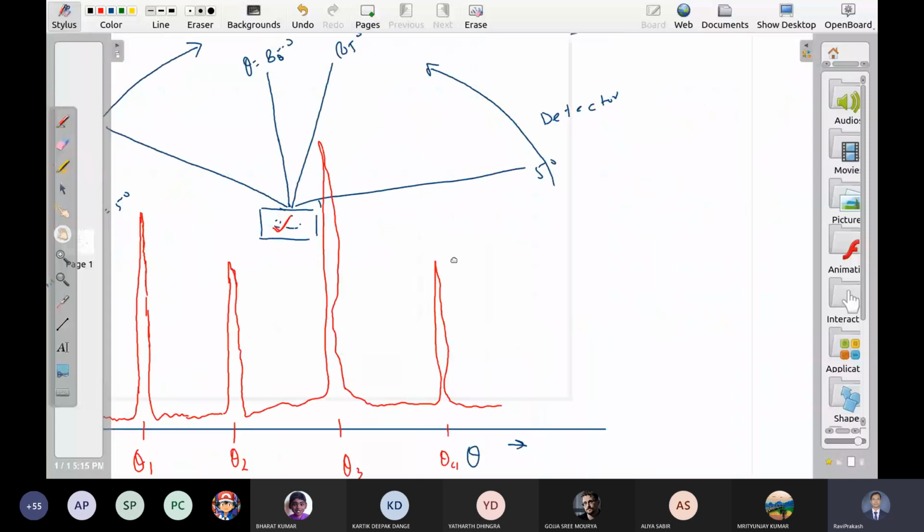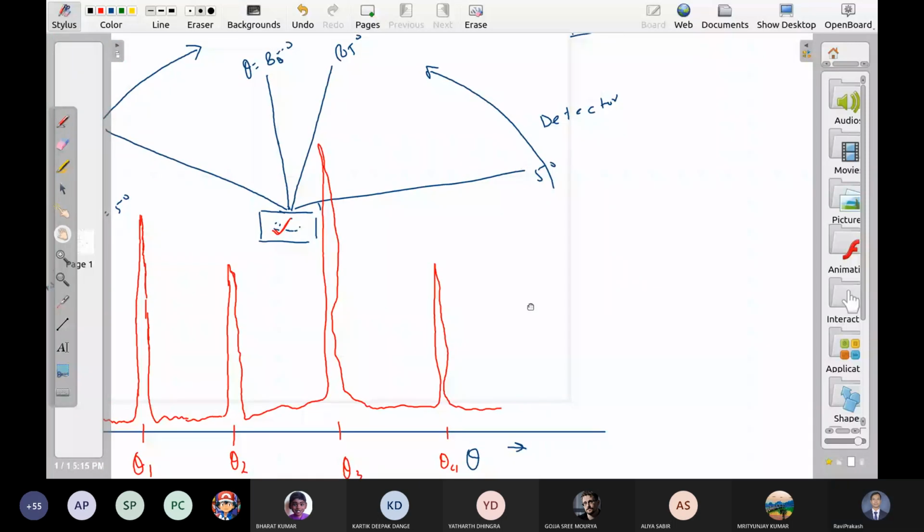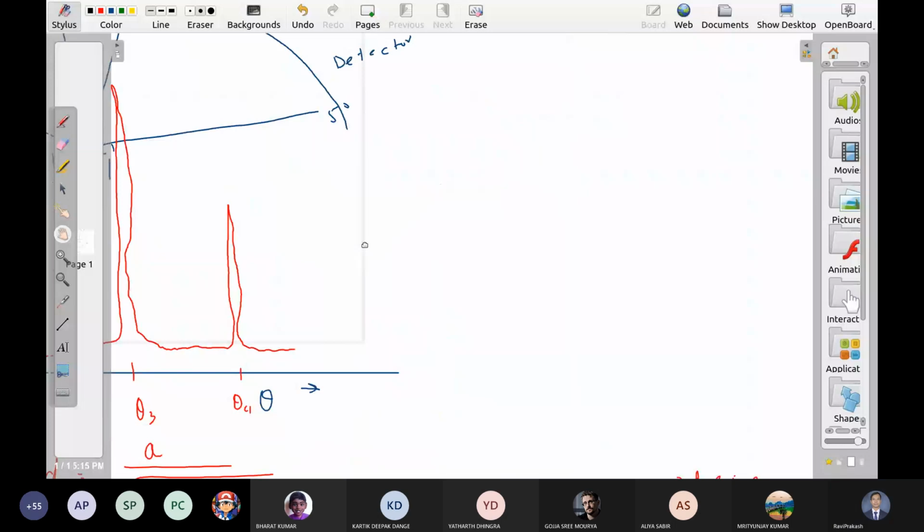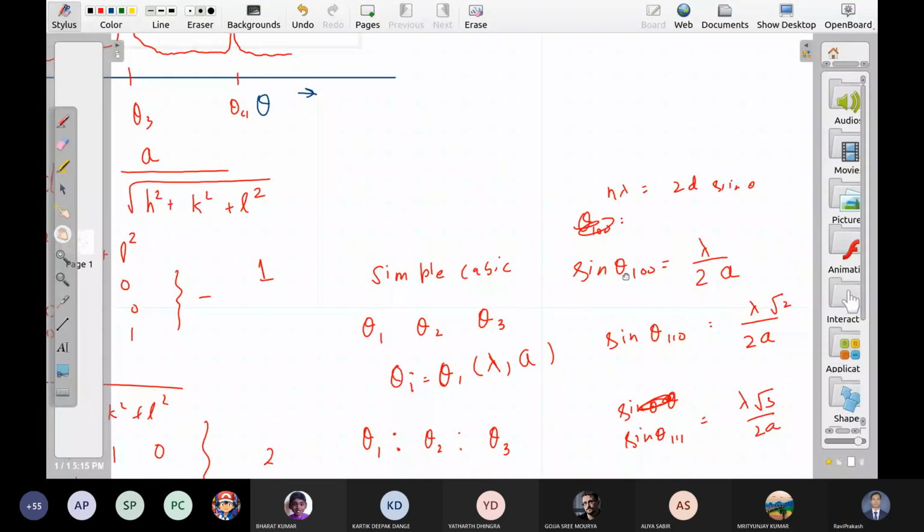I mean, even the 100 plane can have many thetas where you will get constructive interference. Similarly, 110 planes can have many angles which show you maximum intensity. So we are just looking at the first value, the smallest theta, where I will get the high intensity. At second order, theta will increase, I will get the second value.